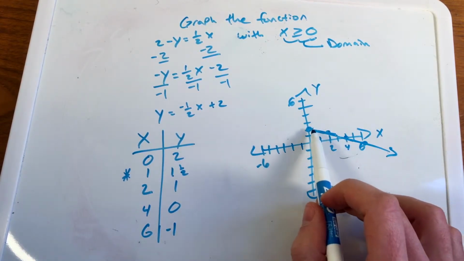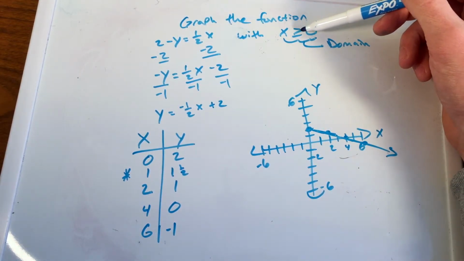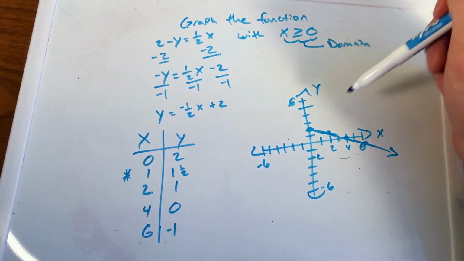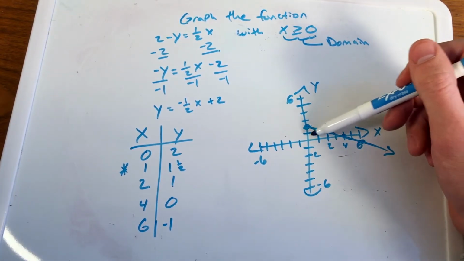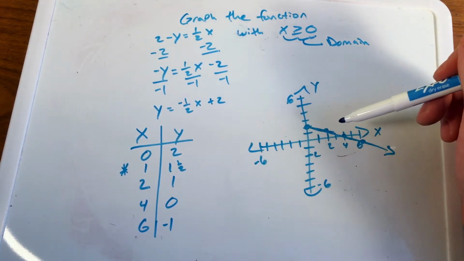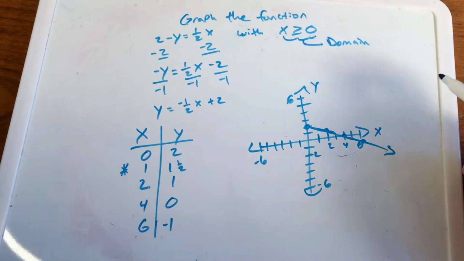Notice that I do not have an arrow going to the left because I have a restricted domain saying that x has to be greater than or equal to 0. And so our x values are all greater than or equal to 0, but I have nothing to the left, for x values that are less than 0. It does not exist here with our given domain.